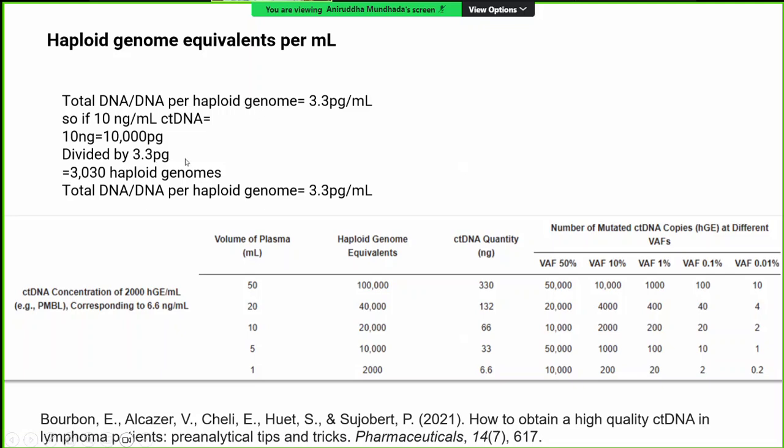This divided by 3.3 picogram results in almost 3,000 haploid genomes. And this would be the final concentration, which is usually said to be present in a blood sample for ctDNA.